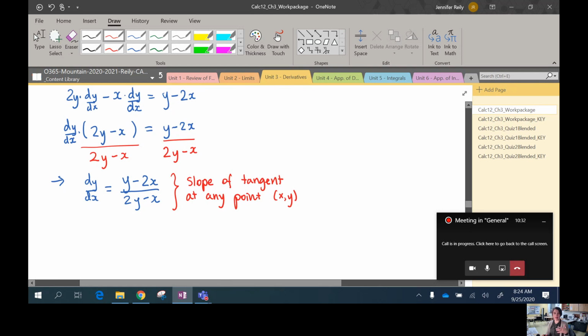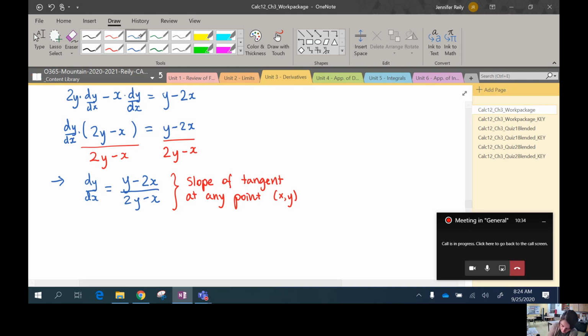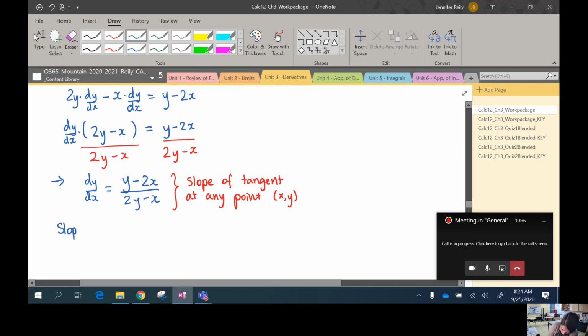So we're going to plug in that point and see what the slope is at our point. Slope at 0, 3. So we'll plug in 3 for y and 0 for x. So 2 times 3 minus 0, which is 3 over 6, which is 1/2. So our slope is 1/2.